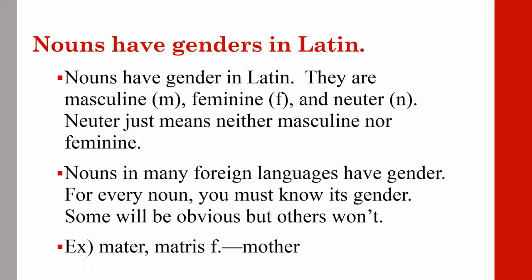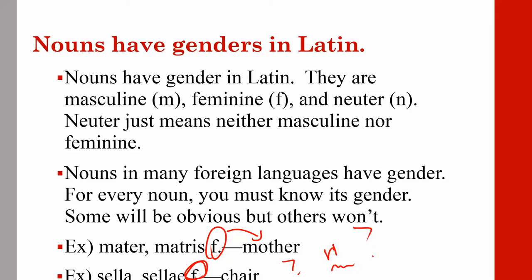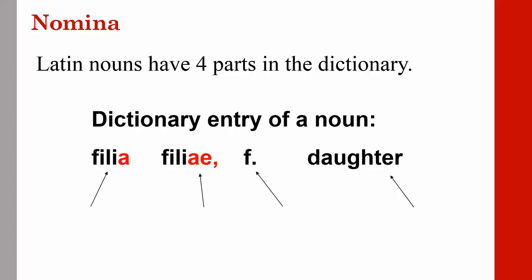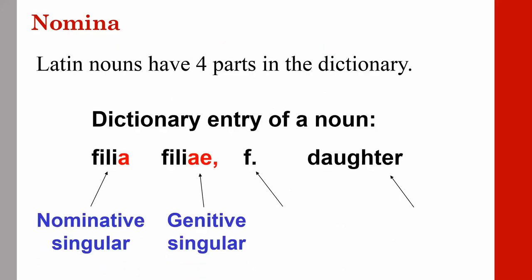Some of these will be obvious, like mater, matris, which is feminine because mothers are feminine. But some aren't, like cella, celli, which means chair, which you can see the top of the F here. It's also feminine, but why is a chair feminine? I don't know. So you got to memorize these. Just like with the verbs, you have to memorize the whole dictionary entry of these nouns. I'm going to expect you to be able to tell me all of them.